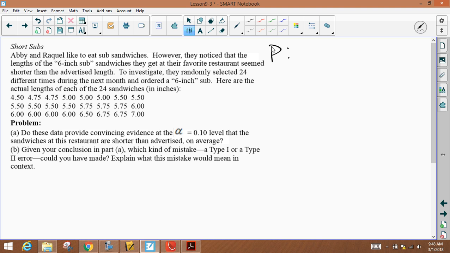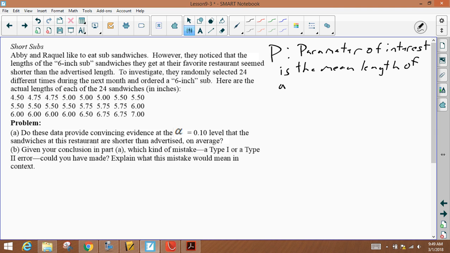First of all, our parameter of interest is the mean length of a sub, I guess, from this restaurant. Let's be specific.